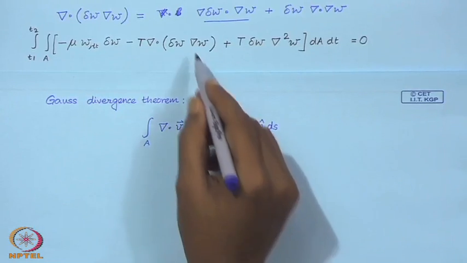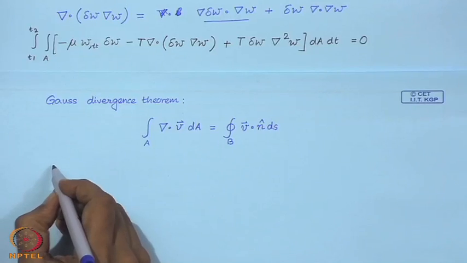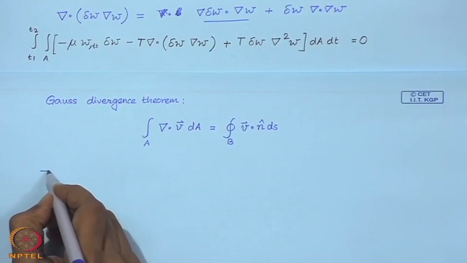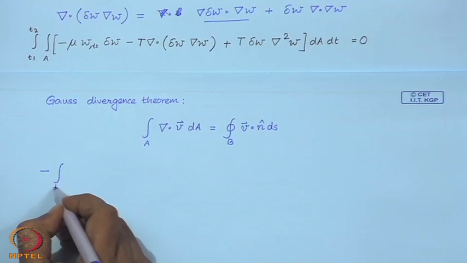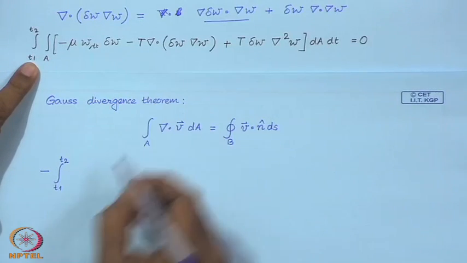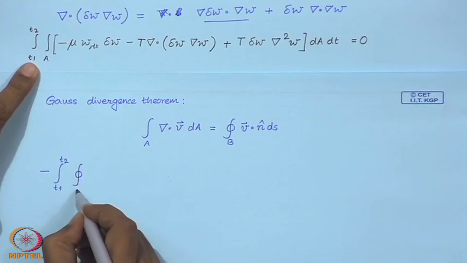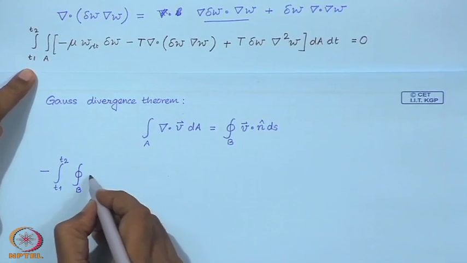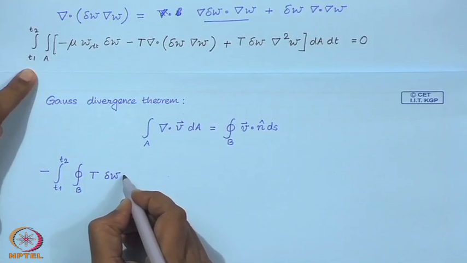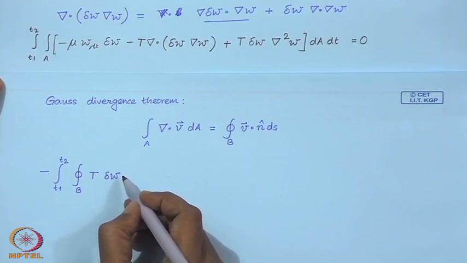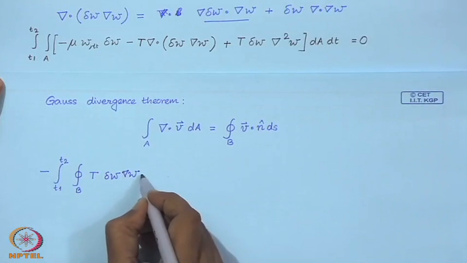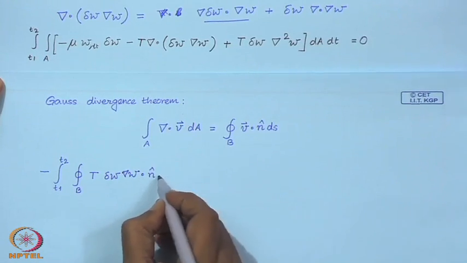So, if you use this here, then we have a boundary term arising out of this, which so this integral over this area of this term, that gives us this boundary integral dot the normal to the boundary.